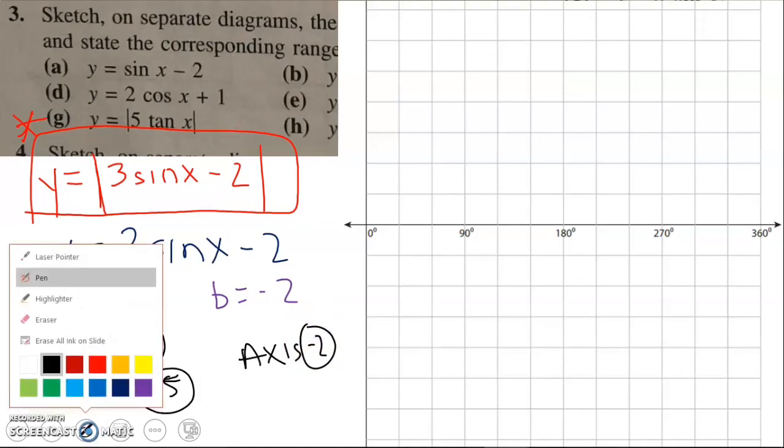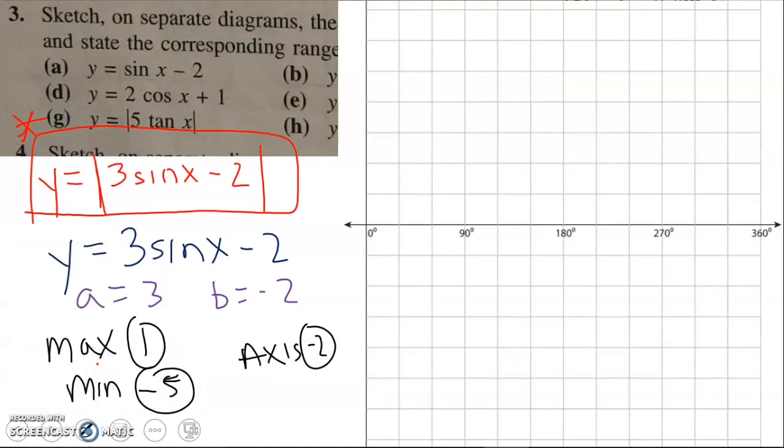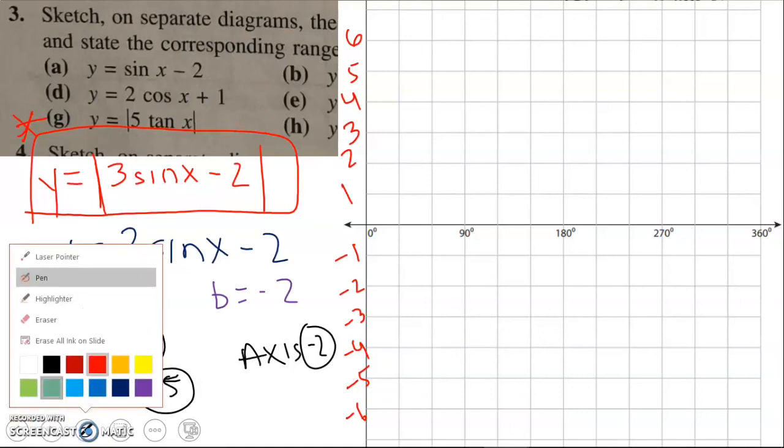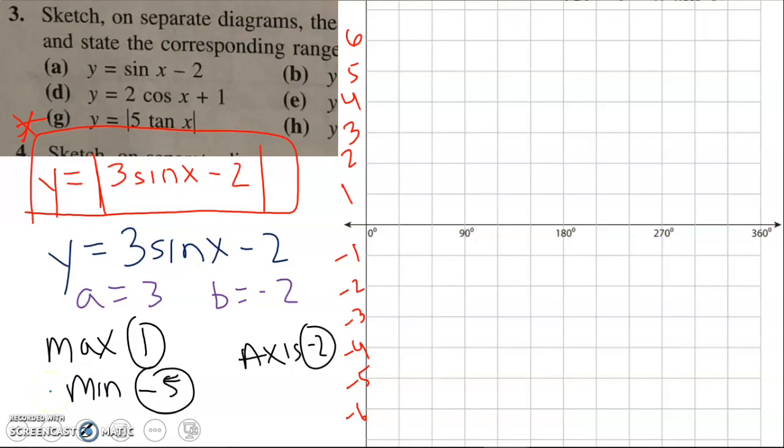Let's go ahead and start labeling your y-axis. 1, 2, 3, 4, 5, 6. We've got -1, -2, -3, -4, and -5. And why not -6? Alright, so again, we're going to apply the absolute value later. All I'm doing is graphing this first.